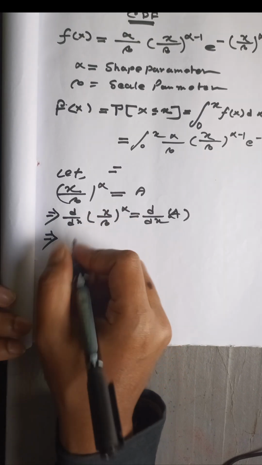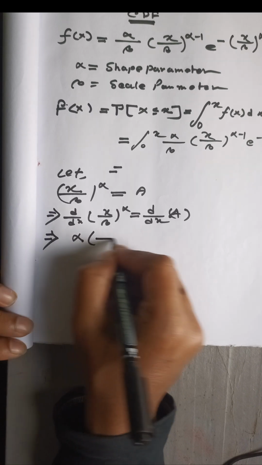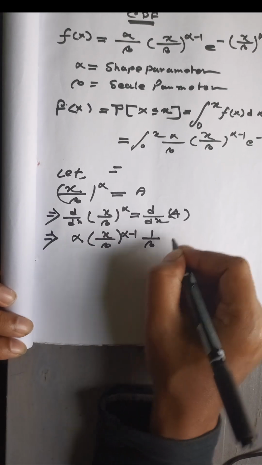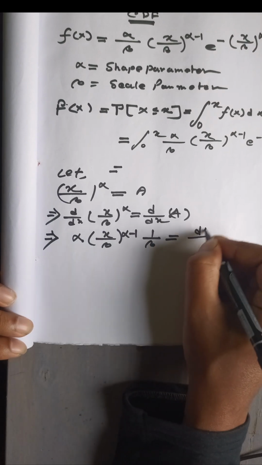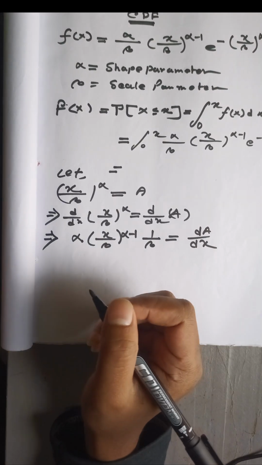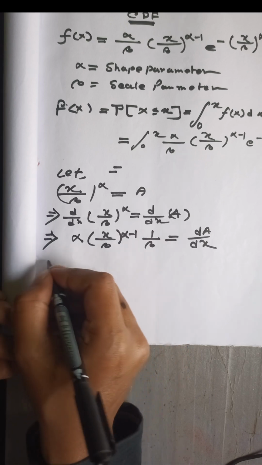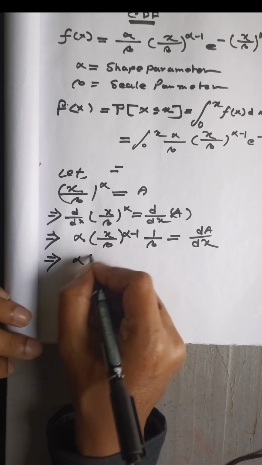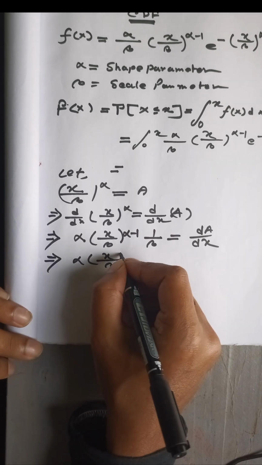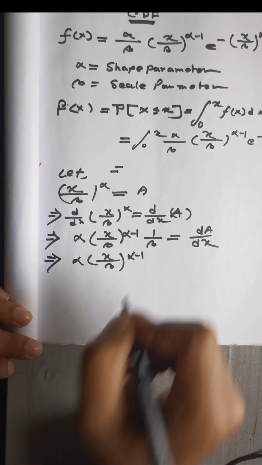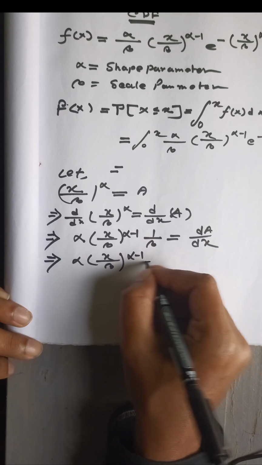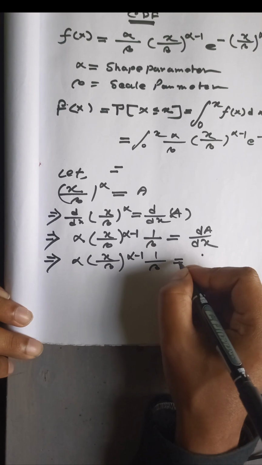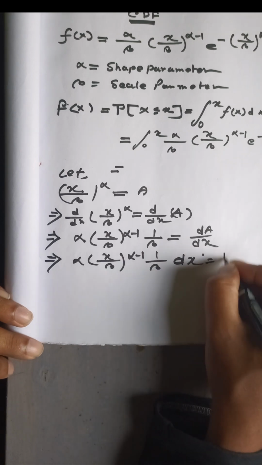We will find alpha (x by beta)^(alpha minus 1) by beta is equal to dA by dx. Next, what we can write: alpha (x by beta)^(alpha minus 1) by beta times dx is equal to dA.